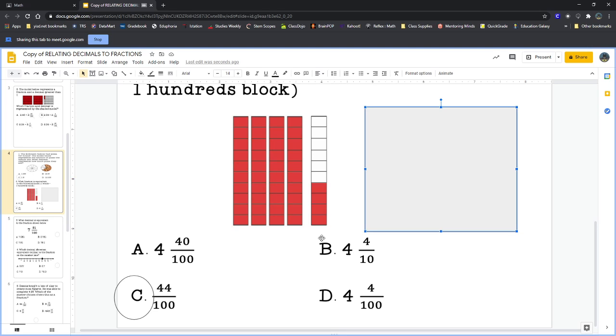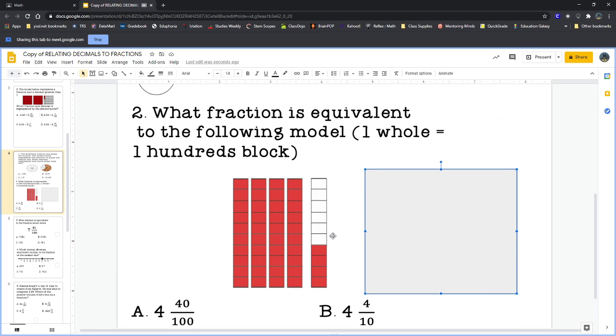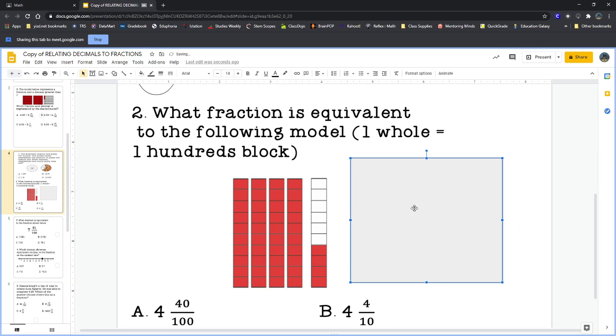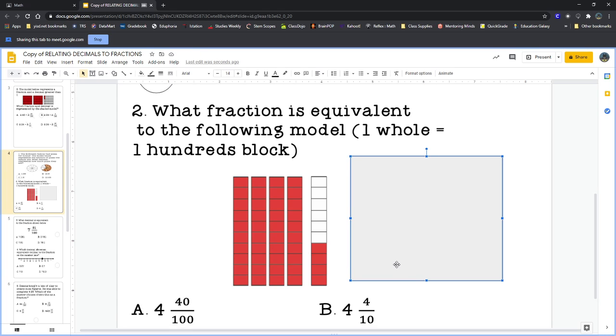They started to show me another 10th, but they don't have all the pieces. They have 1, 2, 3, 4. 4 hundredths. 4/10, 4 hundredths. If they show me 4/10 and 4 hundredths, that's not the same as showing me 1 whole hundredths block. Like I said, they don't even show me one of those.